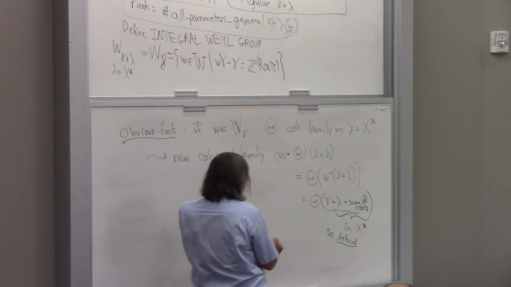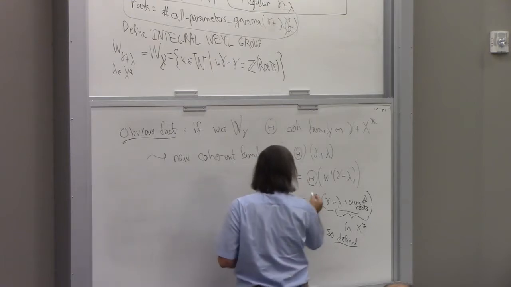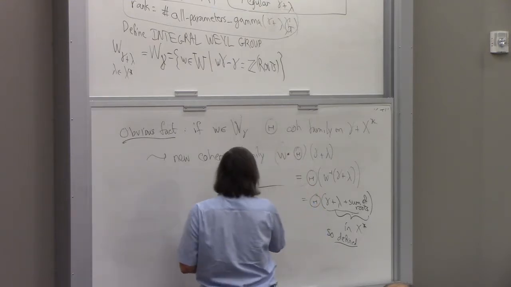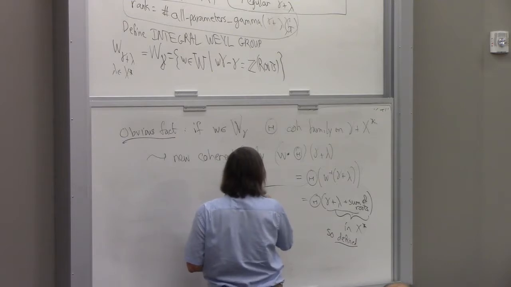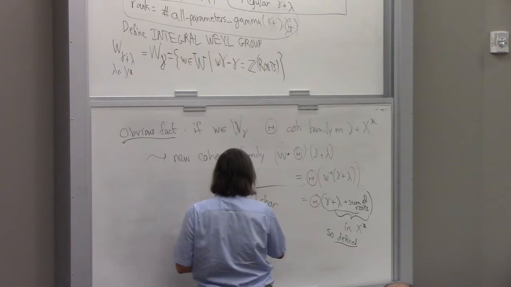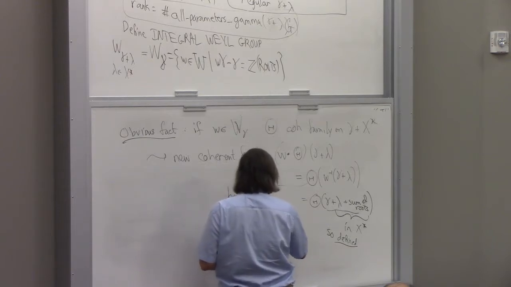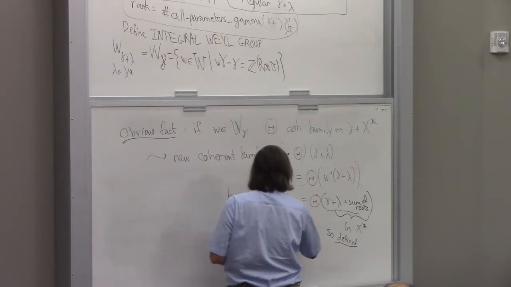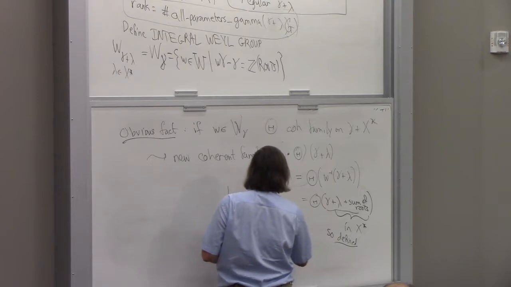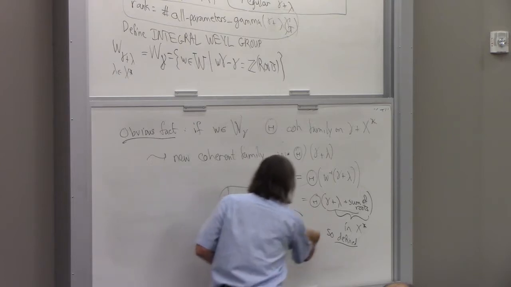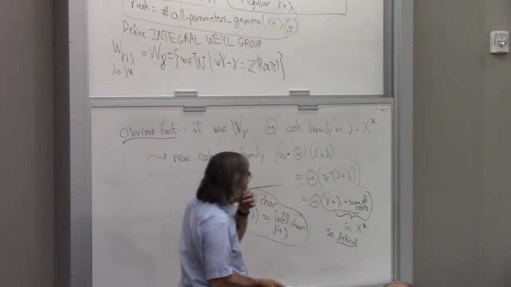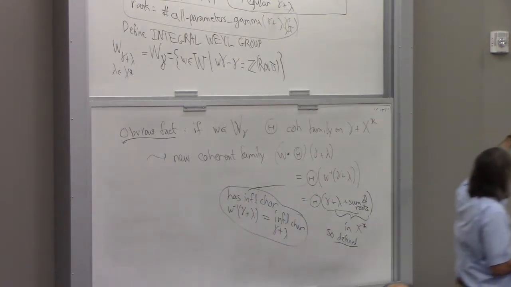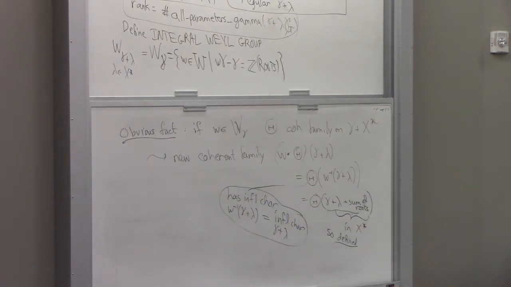And this has infinitesimal character W inverse of gamma plus lambda, which is the same thing as the infinitesimal character of gamma plus lambda. So it satisfies condition 1.